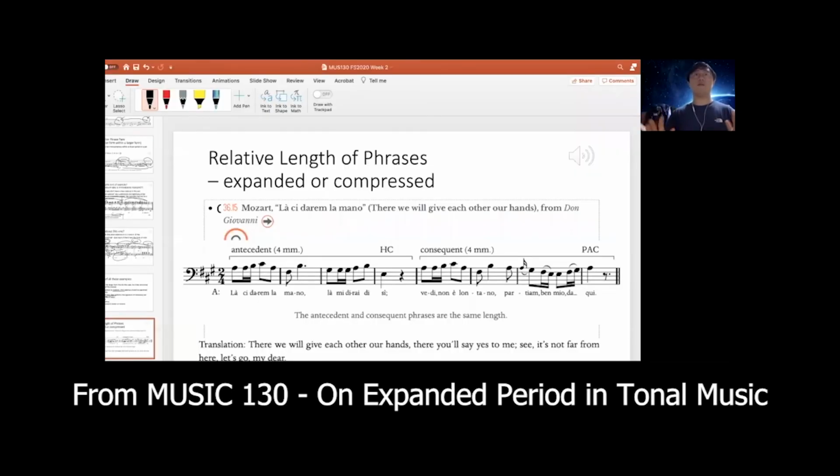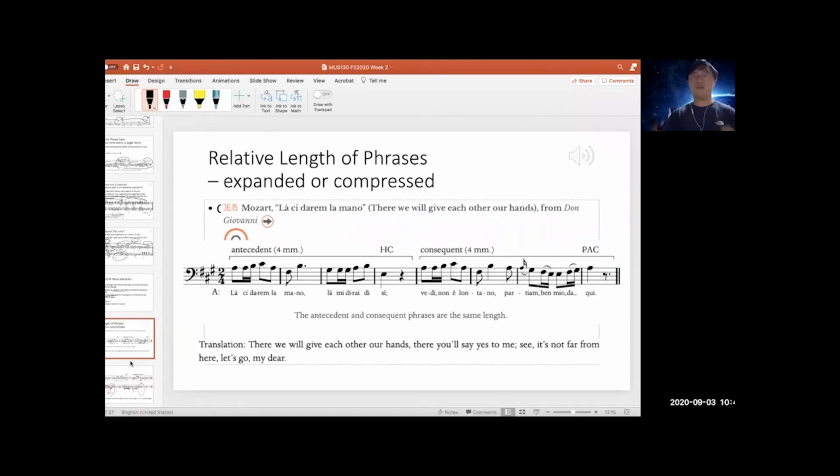Just like the case of the sentence, a period can be expanded or compressed. I prepared an example from Mozart's opera Don Giovanni. First of all, the example you're watching on this slide shows the normative 8-bar period.